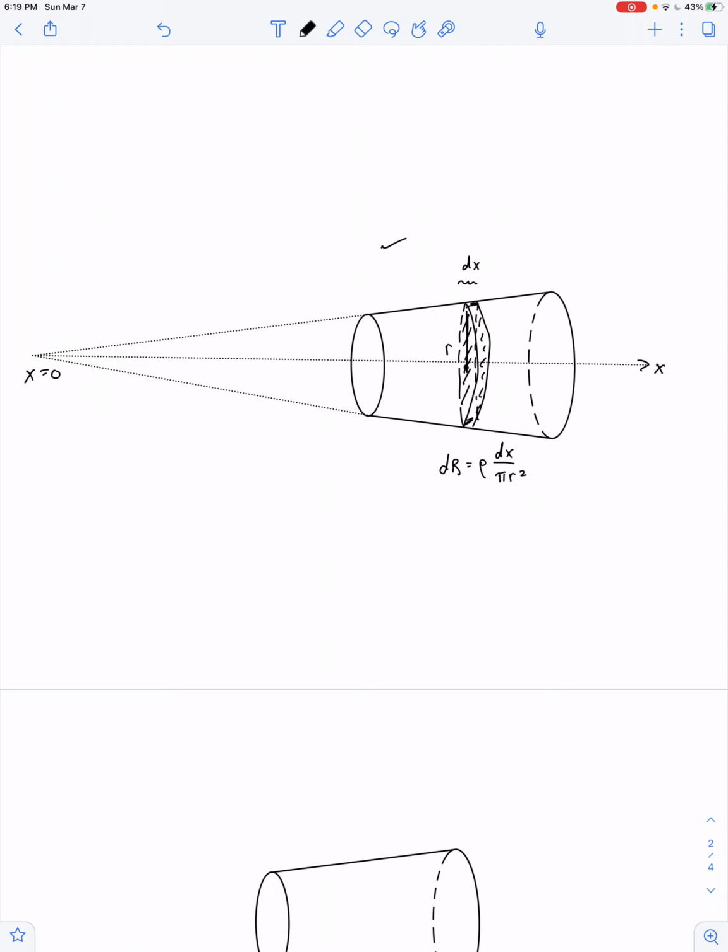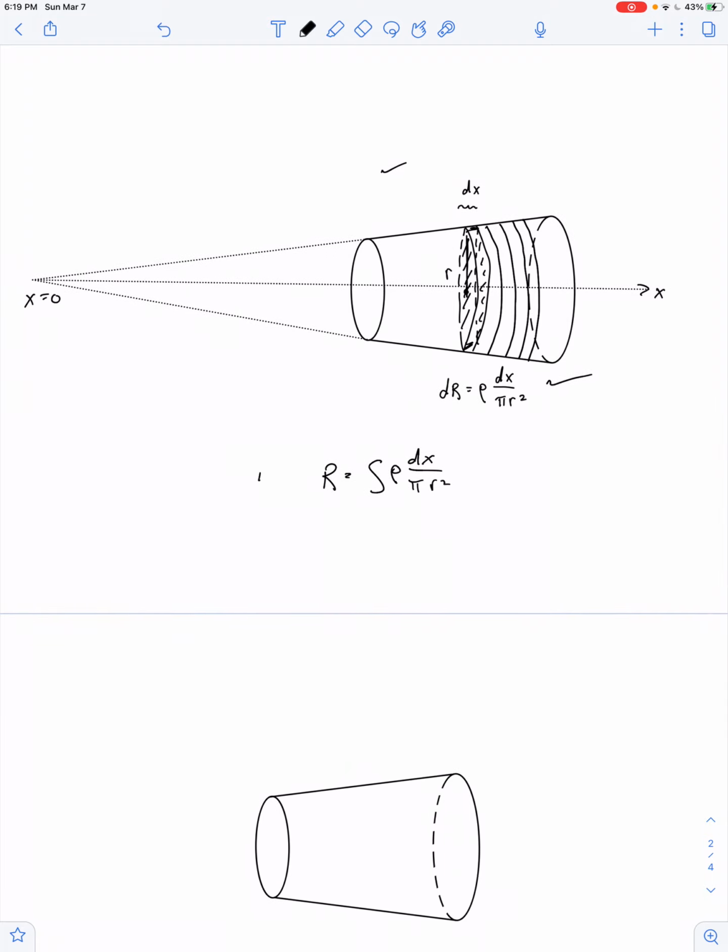Now you can probably guess where we're going with this. If that describes the resistance of this little slice, then we can build this kind of cork-shaped resistor out of several slices all placed together end to end, so that the total resistance is the integral of rho dx over pi r squared. We can take a couple things out of the integral sign.